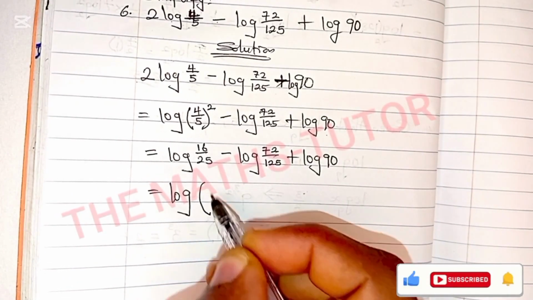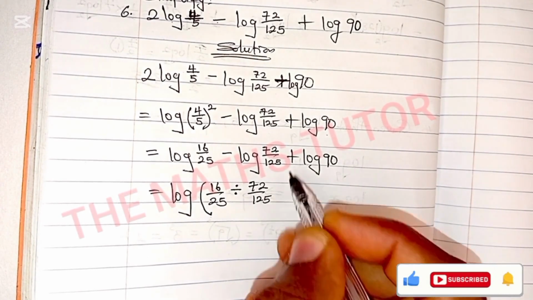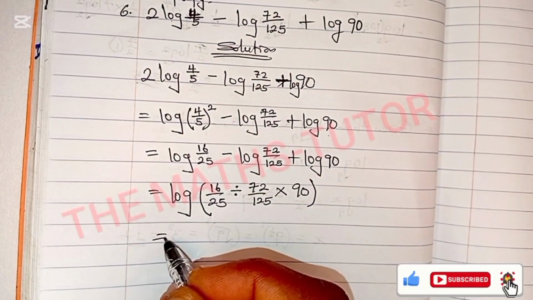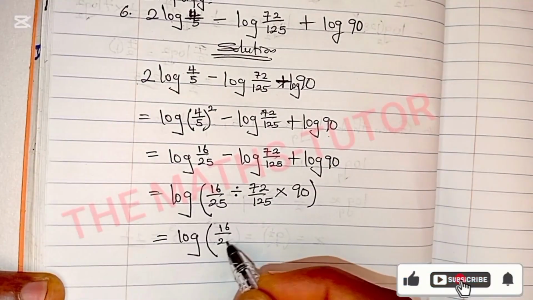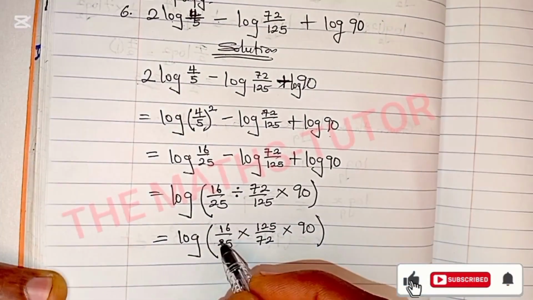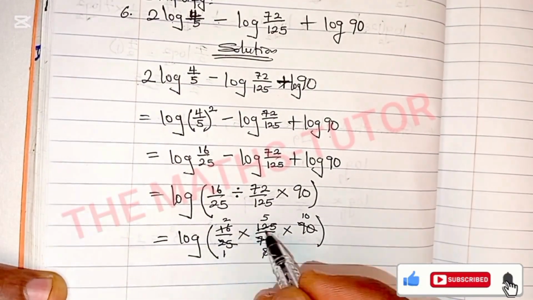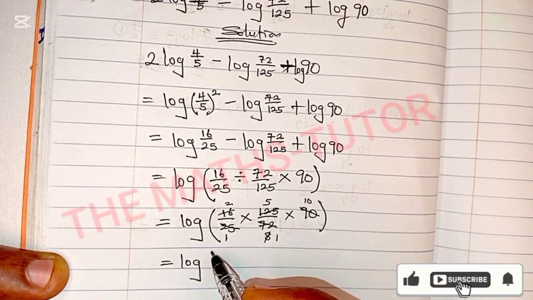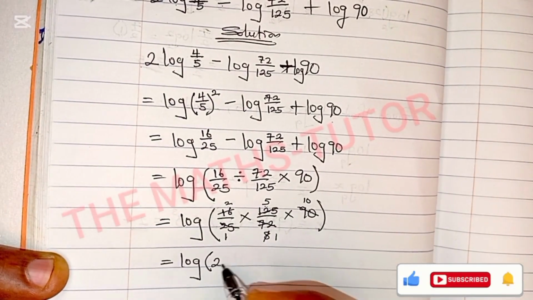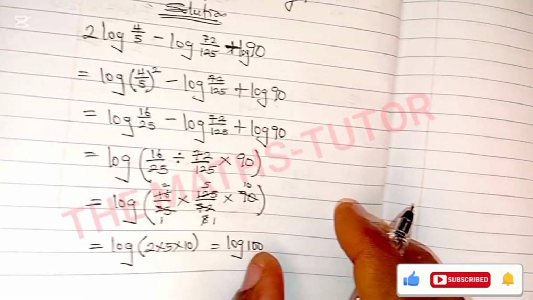So therefore, we have 16 over 25 divided by 72 over 125 multiplied by 90. And of course, when we're transforming division into multiplication, remember the primary school days? We apply that here. And so having carried out all the simplifications, we are left with logarithm of 2 times 5 times 10, and that gives us logarithm of 100. Since the numbers are in common logarithm, the base is 10. So therefore, 2 log 10 to 10 becomes 1, and the answer is 2.